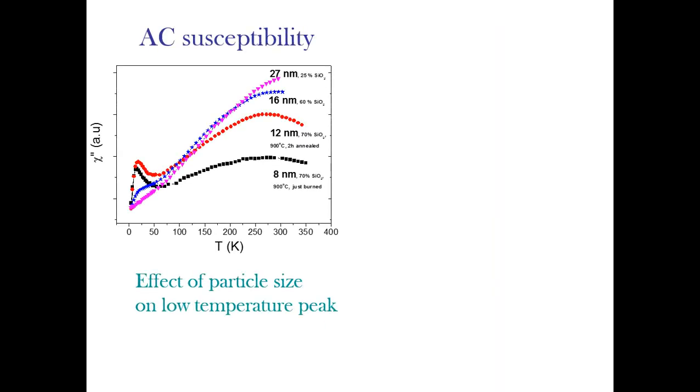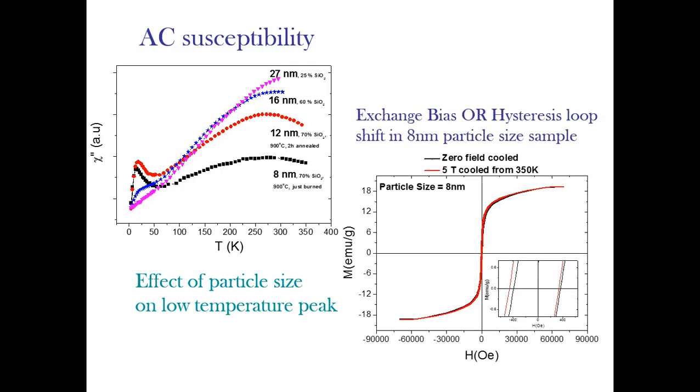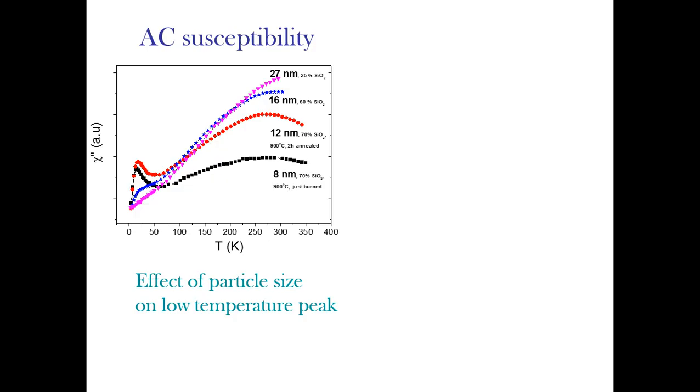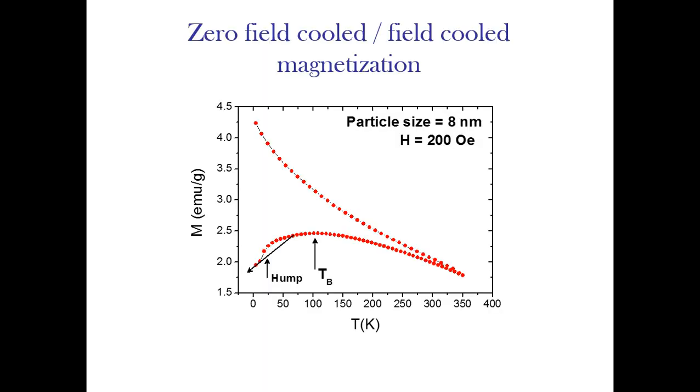It was further investigated by AC susceptibility. On the left hand panel you can see the out of phase part of the AC susceptibility, which gives a peak at the same temperature region where we got the hump in the DC measurements.